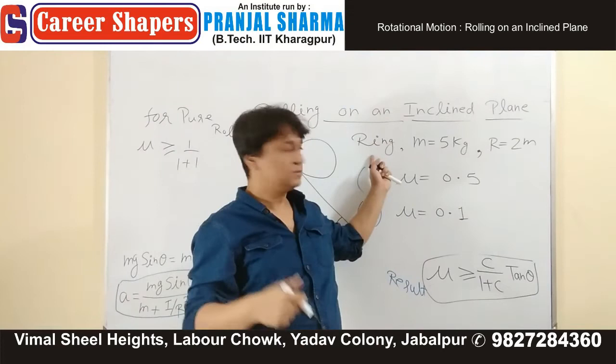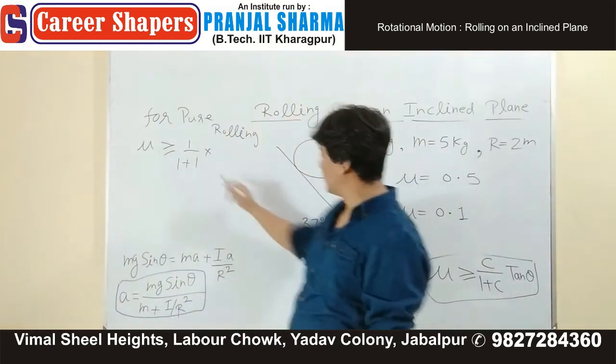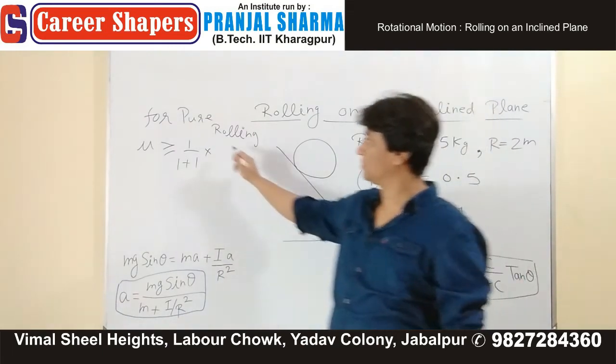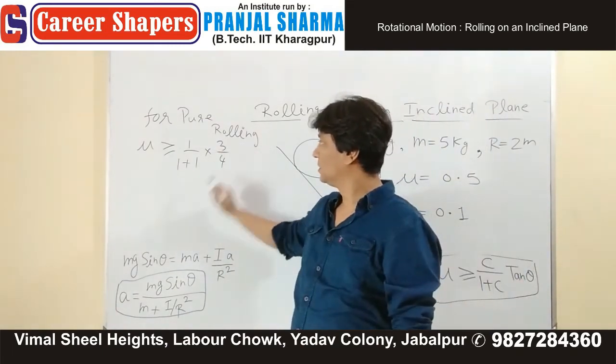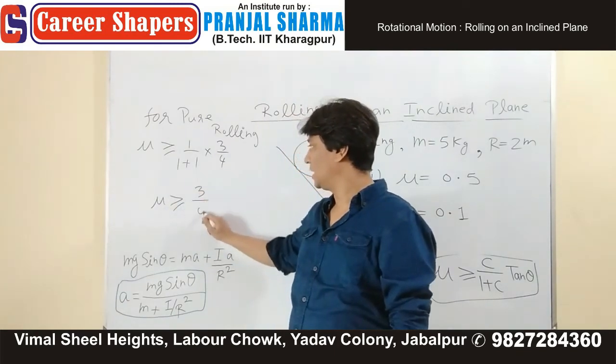It's a ring. C is 1. Tan theta. What is tan 37? Tan 37 is 3 by 4. So mu should be greater than or equal to 3 by 8.